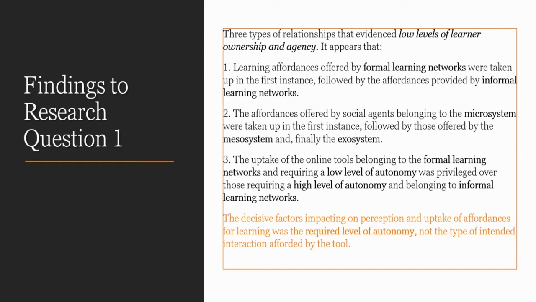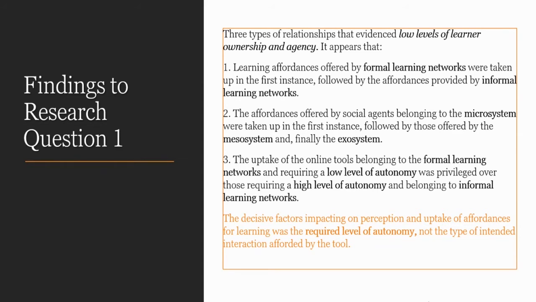I don't have control over this because this is something that belongs to students. I cannot go to their places and investigate what is happening there. So some elements of the learning design of formal learning networks required a low autonomy level.